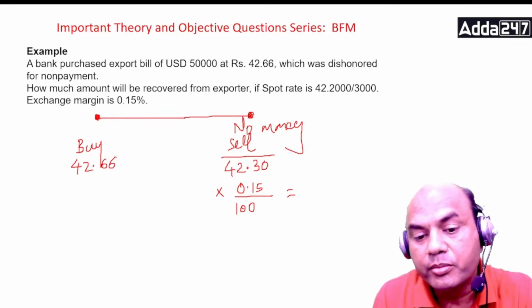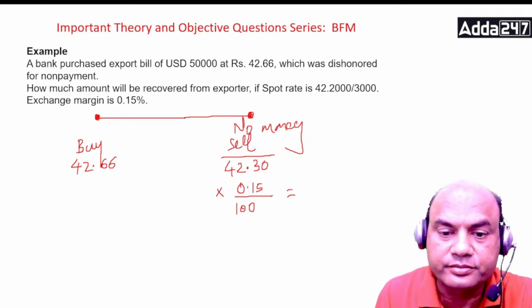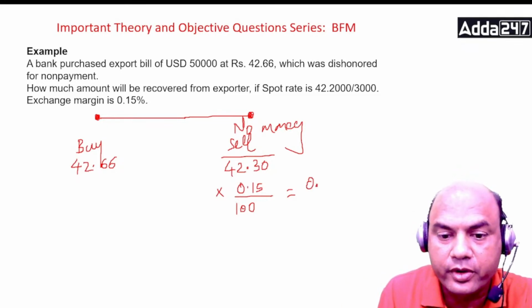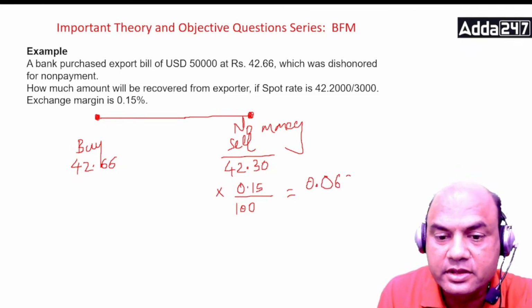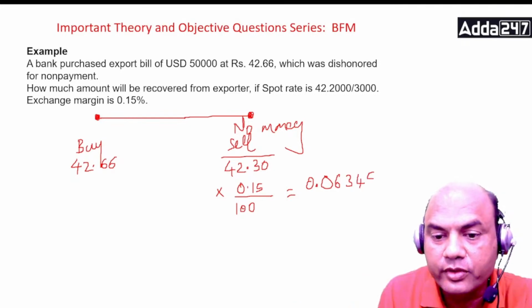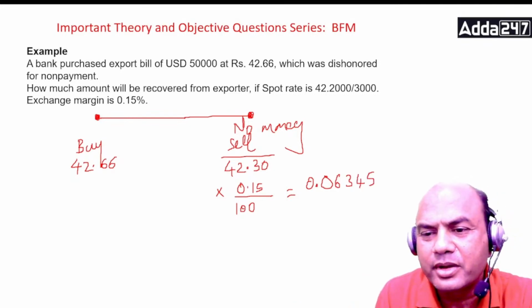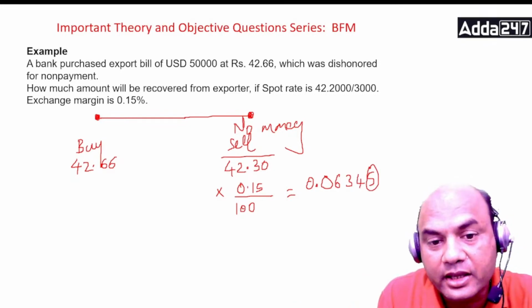So it is 0.063, correct? Many of you have got it correct. 0.06345, means big number. We'll just take the first digits. Here you are selling, so add the TT margin.